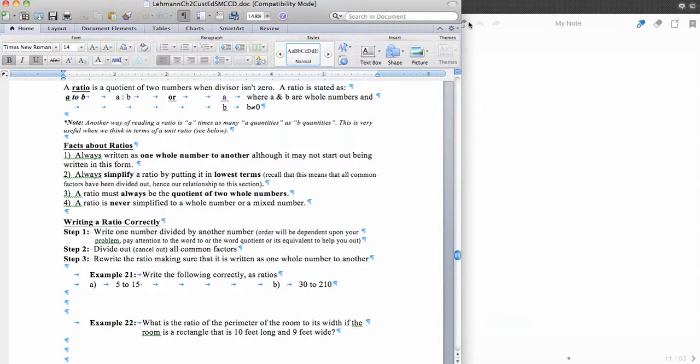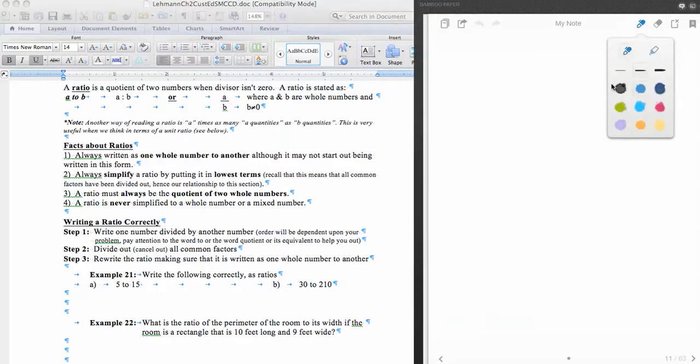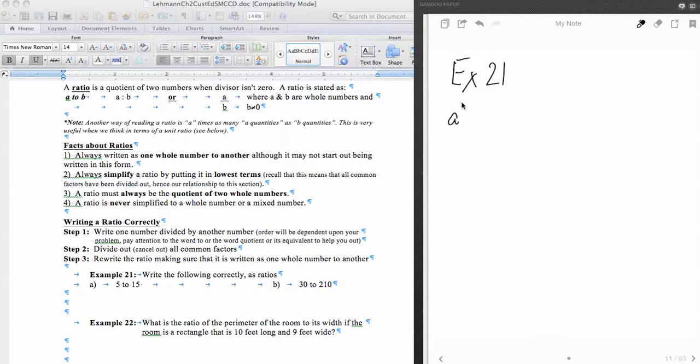So let's take a look here at example number 21. We have 5 is to 15. So I'm going to write that like a fraction, 5 over 15. And then I'm going to take out the common factor of 5.